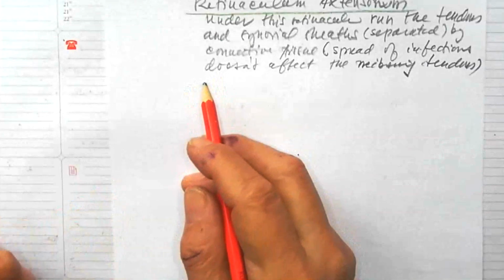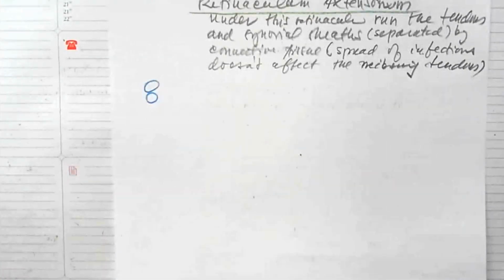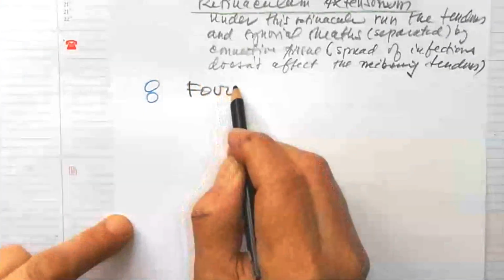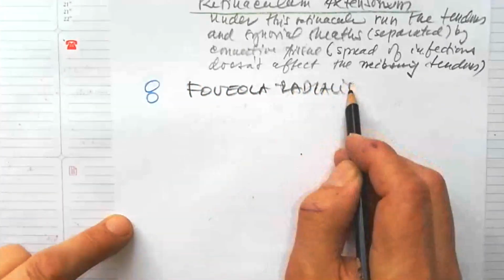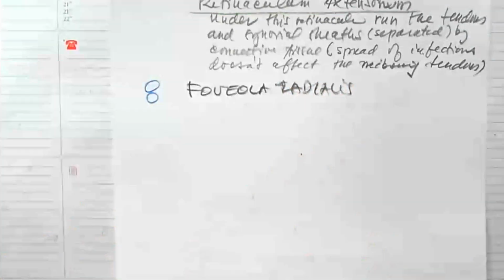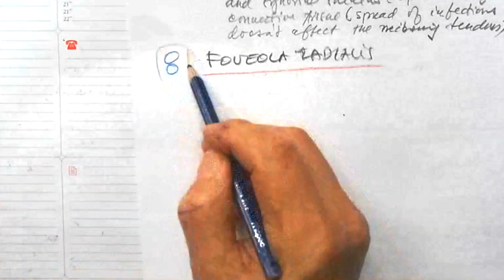Carpal region. And then, when we are in the carpal region, we could start with the foveola radialis. Why not? As number 8, we go to the end. We already described the foveola radialis in winter, so we will not draw any complicated diagram, definitely not.